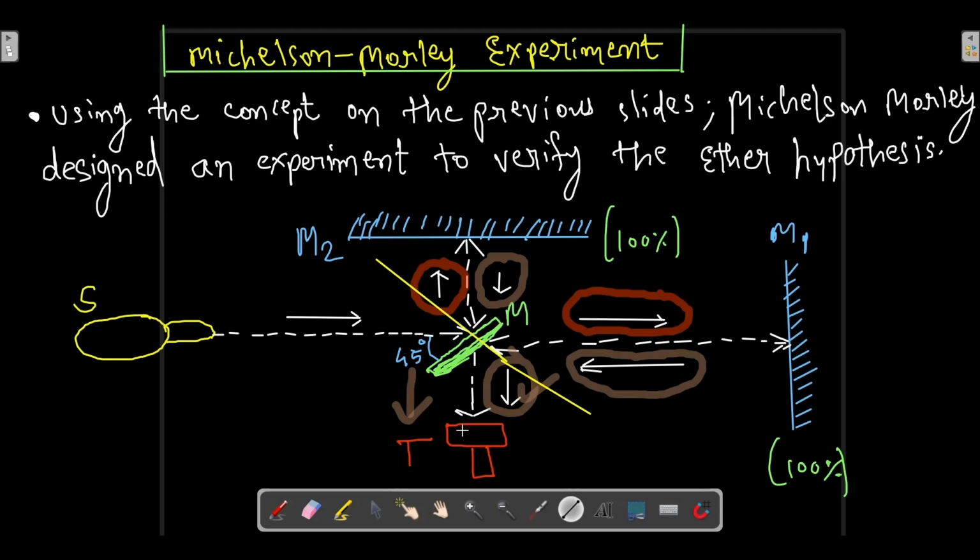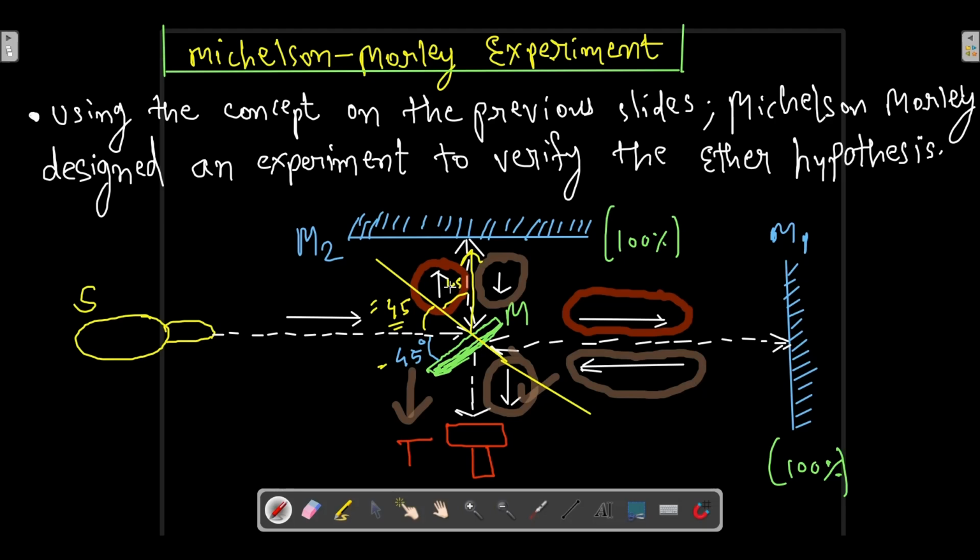After looking at the normal, you can certainly say that this angle will also be 45 degrees, because the downward angle was 45 degrees. So the angle of incidence, this yellow 45, is the angle of incidence. And after reflection, the beam will go like this. So this is also 45 degrees.